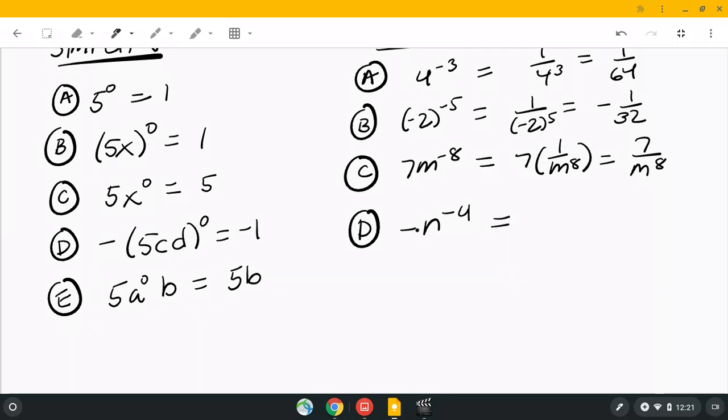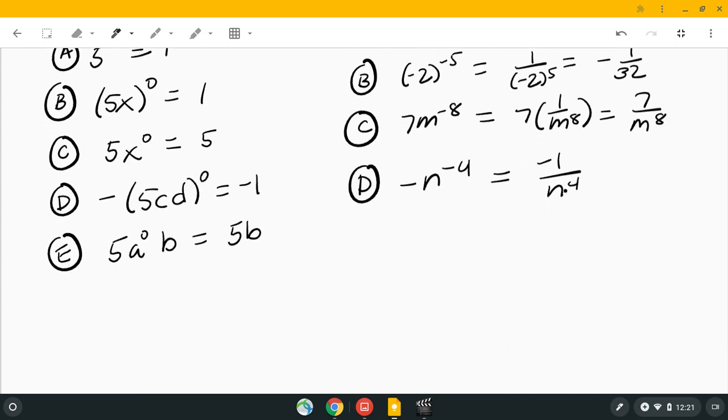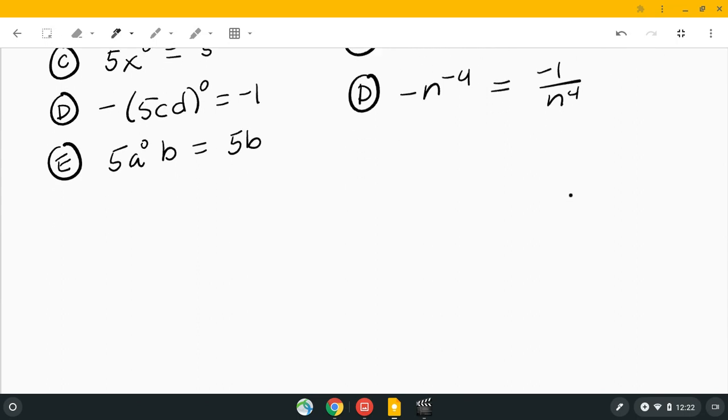Again, not all of this is raised to the negative 4, only the n. So the negative will stay, and the n will move to get a positive exponent. Again, it doesn't matter if the negative is up here, on the side, or down below, so long as you somehow show that this number is a negative number.